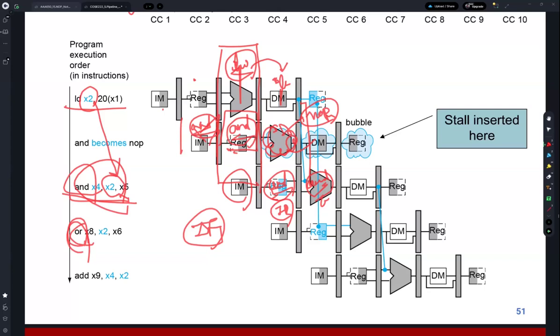So it means this OR instruction also needs to stay in the instruction fetch stage, right? So how can you implement this? The OR instruction stays in the instruction fetch stage.